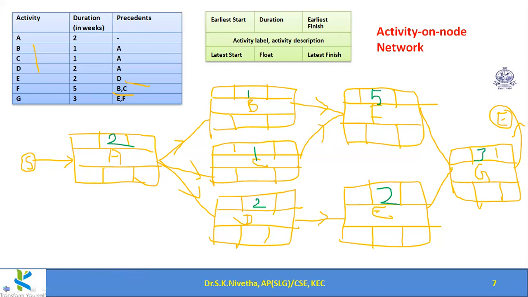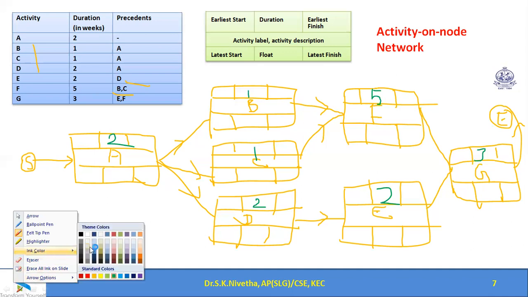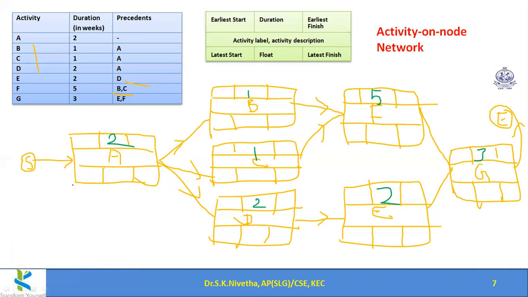So durations are filled. Now we shall proceed with forward pass. So in forward pass, 0th week we are starting, 0 plus 2, 2. Then here all these will be 2. So second week only we can start BCD. 2 plus 1 becomes 3 and 2 plus 1 again becomes 3. 2 plus 2 becomes 4. Now here 3, 3. So 3.